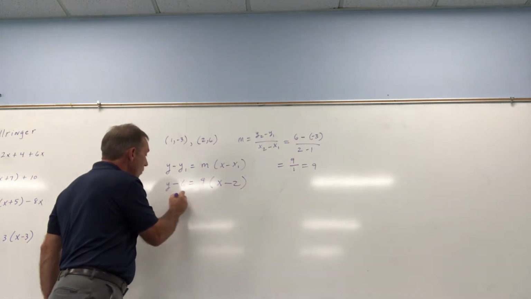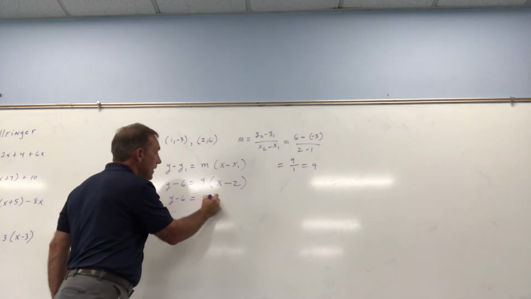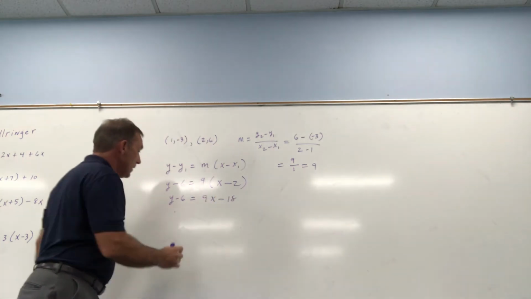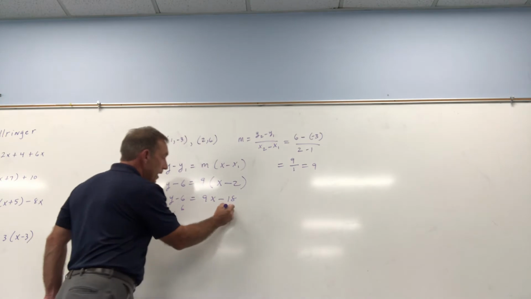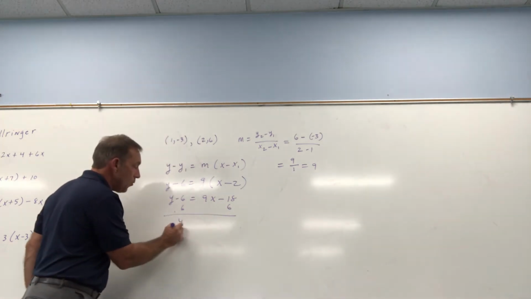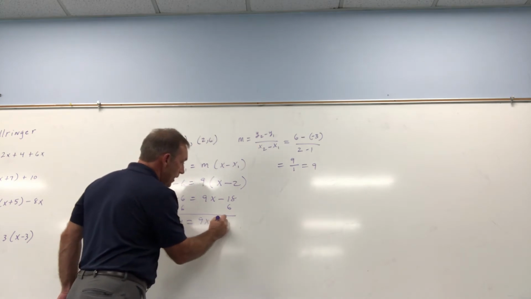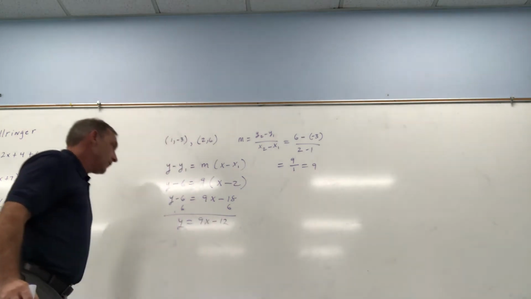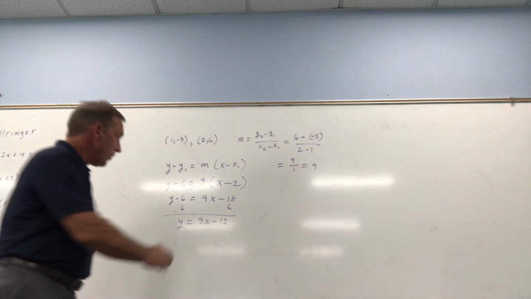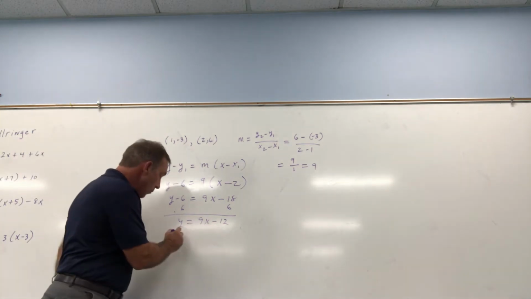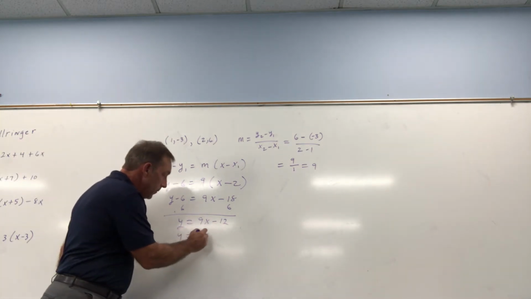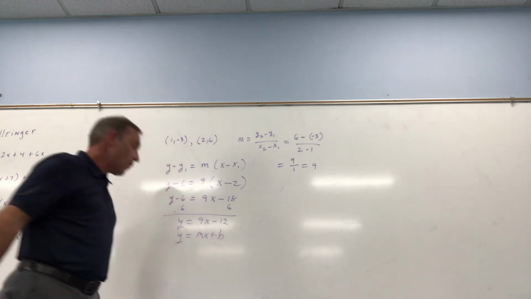So y minus 6 is equal to 9x minus 18. And then we're going to add 6 to both sides. And you get y is equal to 9x minus 12. And so this is what we would have for slope-intercept form, our y equals mx plus b form.